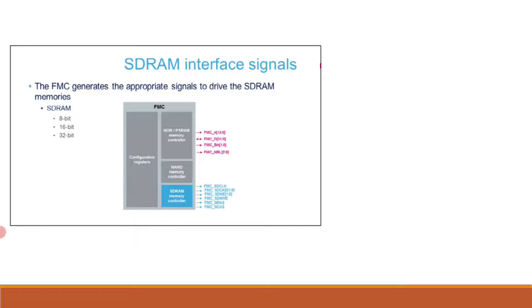SDCLK, that is the SDRAM clock; SDCKE0, that is SDRAM Bank 1 clock enable; SDCKE1, that is Bank 2's clock enable; SDNE0, that is chip enable of Bank 1; SDNE1 is chip enable of Bank 2; NRAS is row address strobe; NCAS is column address strobe; SDNWE is write enable. Okay, copy it here.